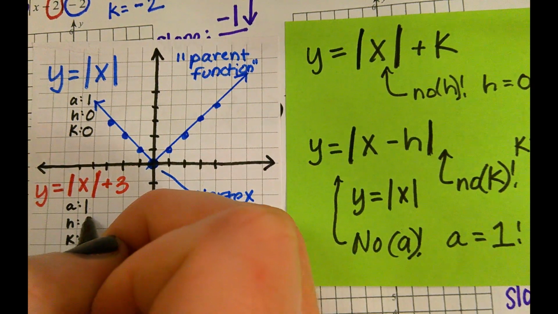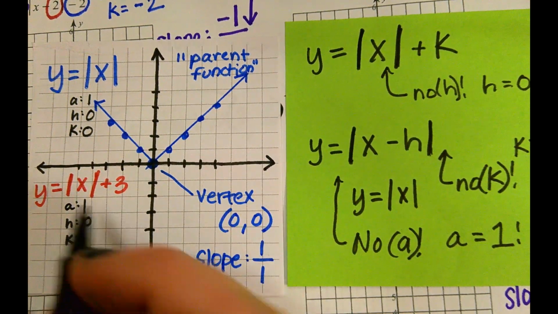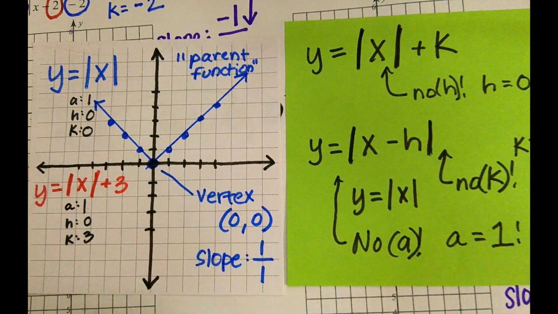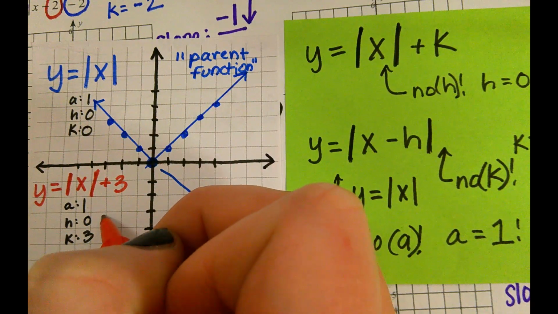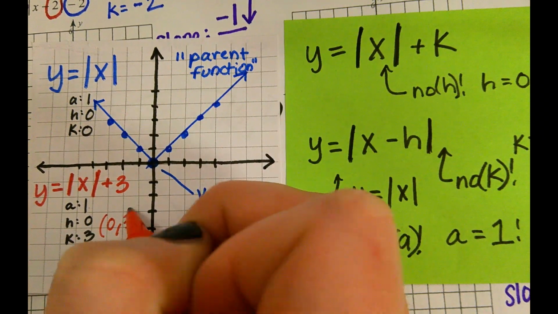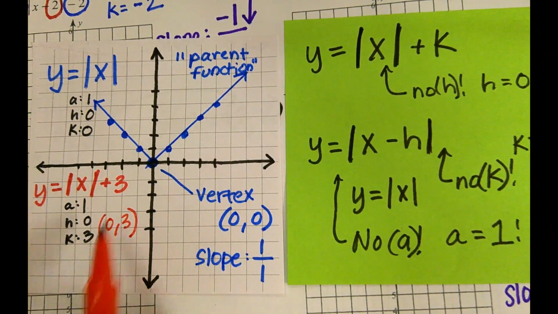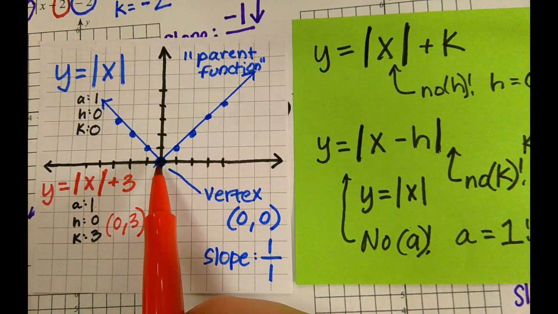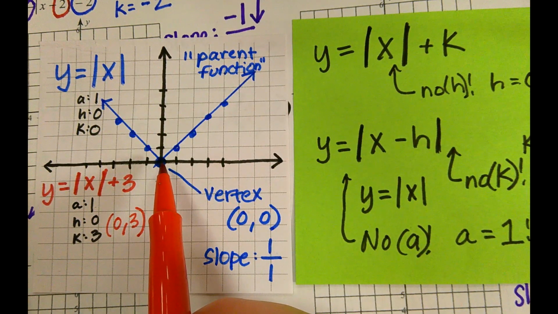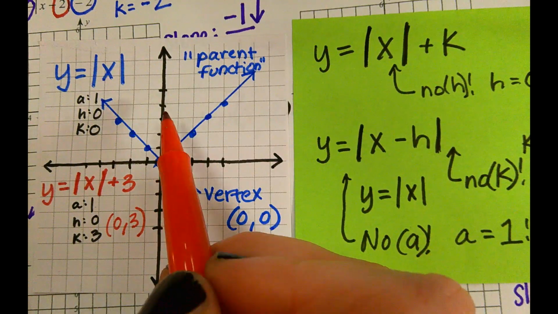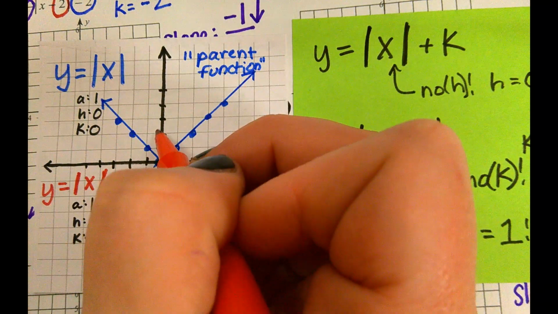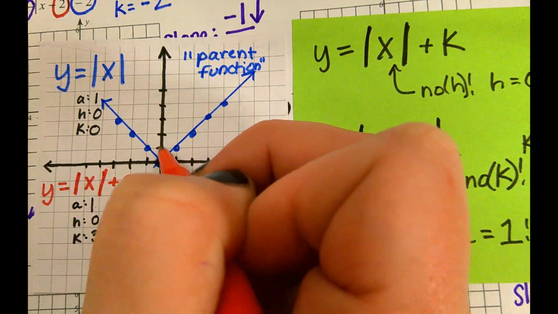And my K? 3. So what is my vertex? 0, 3. Good. So our x is 0. We stay here. But my y is 3. So I go up 1, 2, 3.